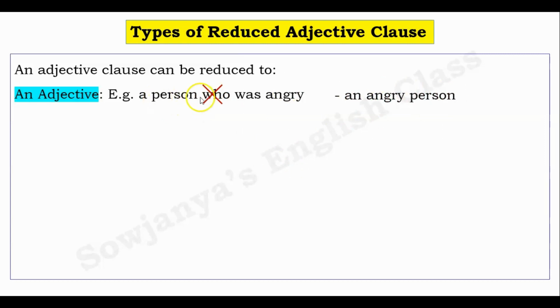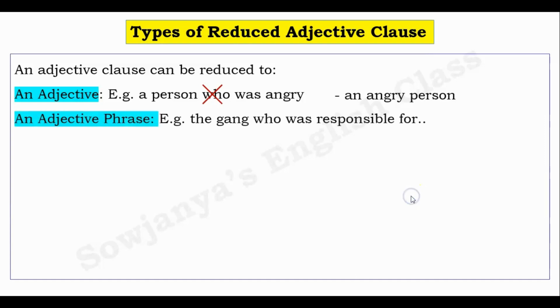See, you can't say a person was angry. So what happened to this adjective? It has gone before the noun it modifies. Who is angry? Person is angry. So it has come before the noun that it modifies, that is person. An angry person. That is how we need to reduce the adjective clause into a simple adjective.